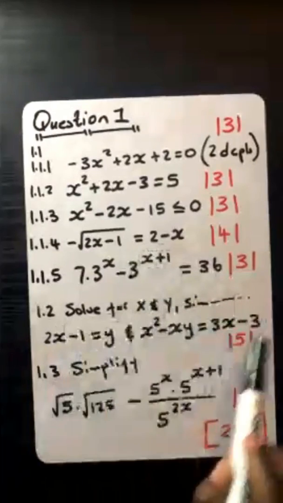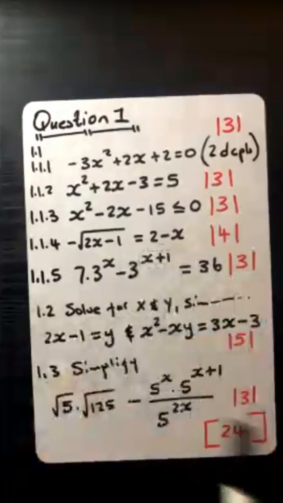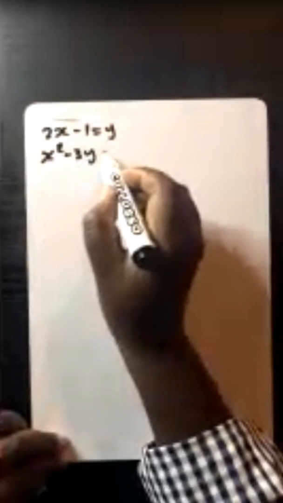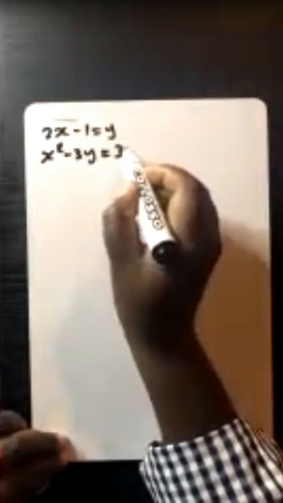So here we've got a simultaneous type of problem, which is 2y minus 1 is 2x. So this is 2x minus 1, that's equal to y. And again, we've got x squared minus 3y, that's equal to 3x minus 3.